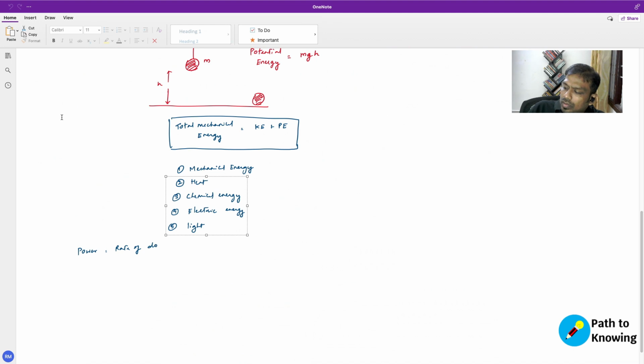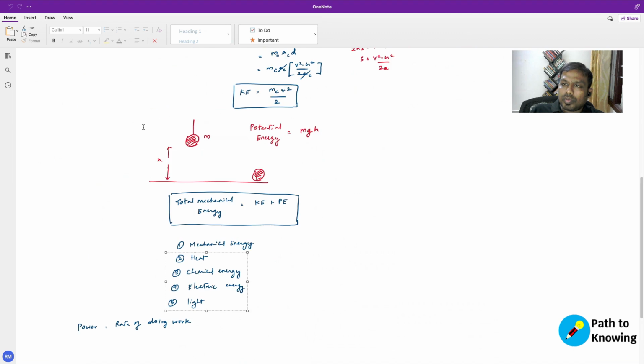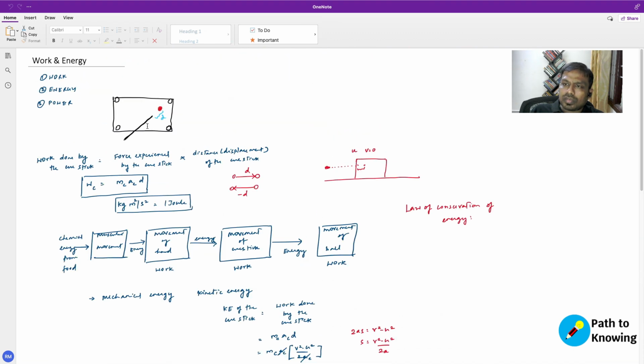So if there are two people, let's take the example of this cue stick. If there are two people, if one can move the cue stick, one can cover a distance of let's take 1 meter in 1 second, and another person can cover say 2 meters in the same second, which means the second person has more power, right?